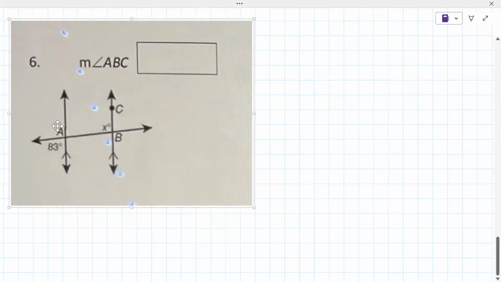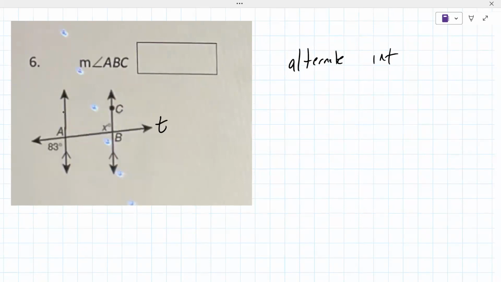All right. So measure of angle ABC. We want to find this angle right here. Are these on the same side of the transversal? No, these alternate. Maybe. Now there's 2 alternates. There's alternate interior and there's alternate exterior.